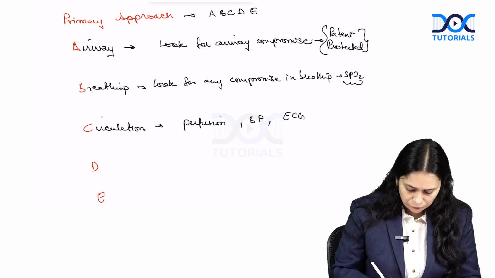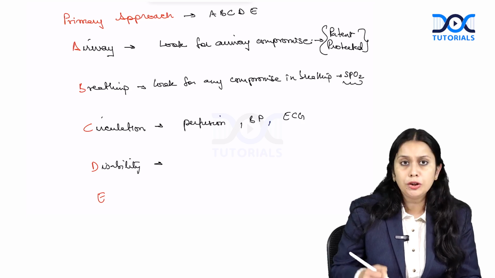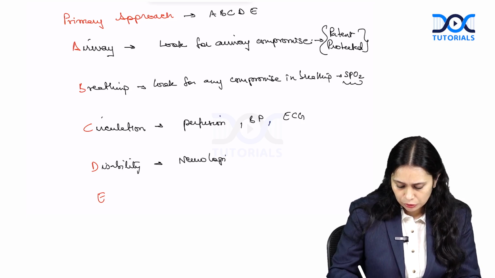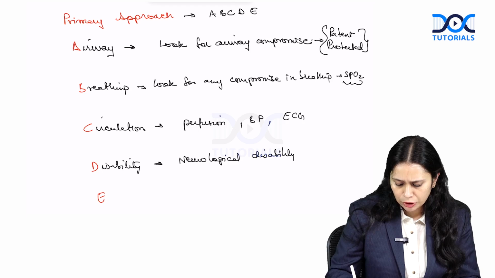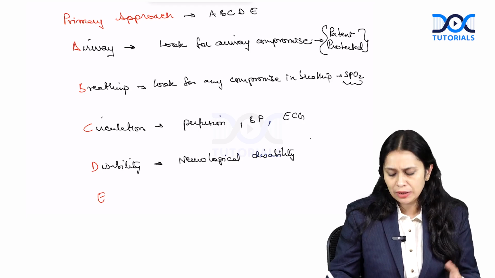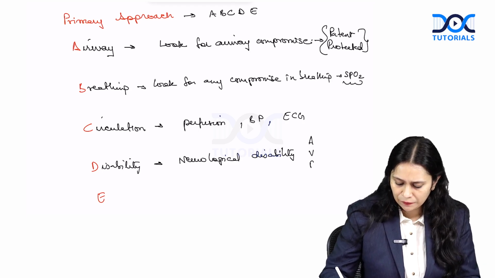And then D stands for disability. What disability do we look for? We look for neurological disability. How do we look for neurological disability in emergency? Well, we can go for GCS scoring, but the more common and easy one is AVPU.